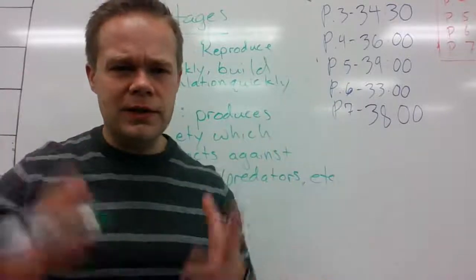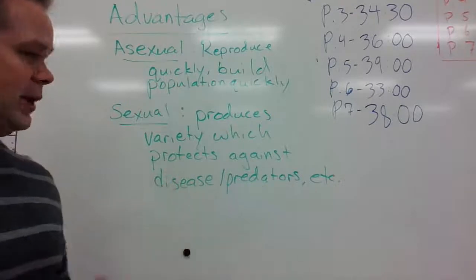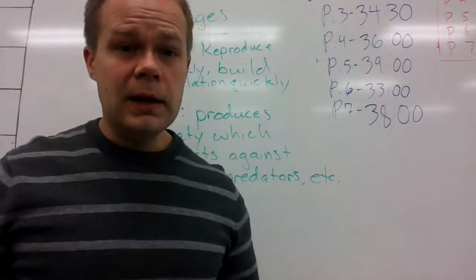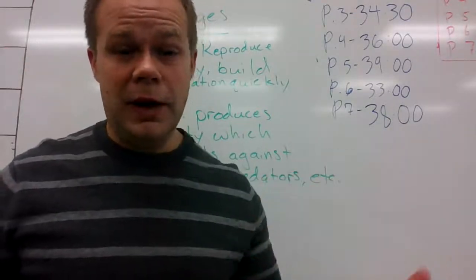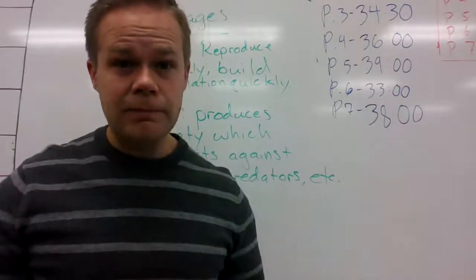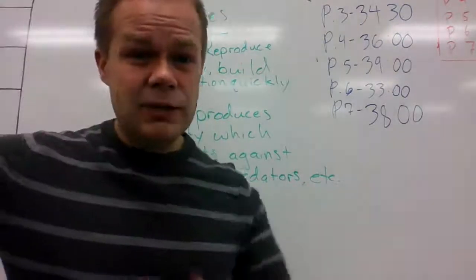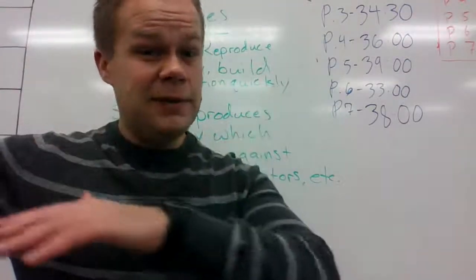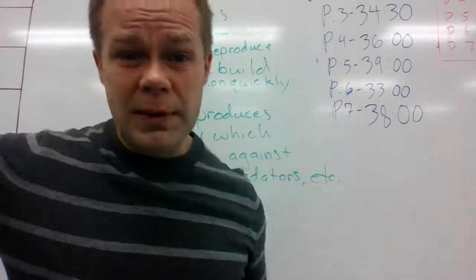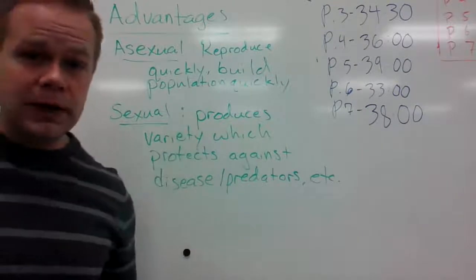And so there's all this difference in the DNA that protects against disease and predators and things. Maybe white rabbits blend in better than brown rabbits, and so they survive better. That protects against predators. Now, asexual, if you have all those bacteria, they all have the same DNA. So if a disease comes in and affects one of them, it's going to affect all of them. So it can wipe out the whole population or a large portion of it. But again, they can rebuild quickly.